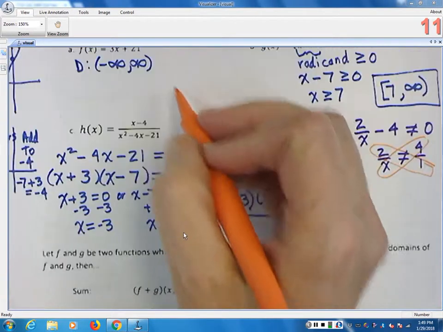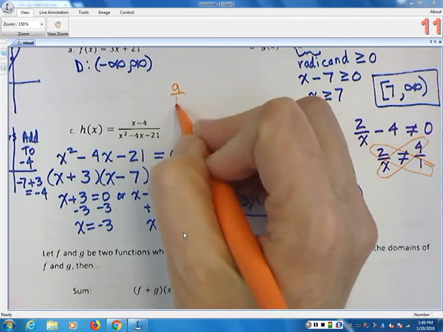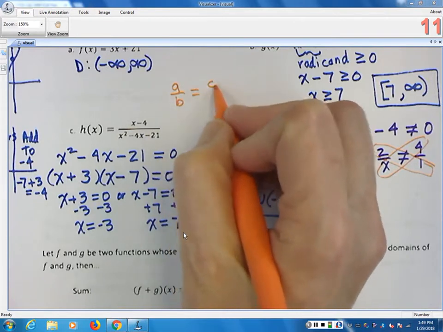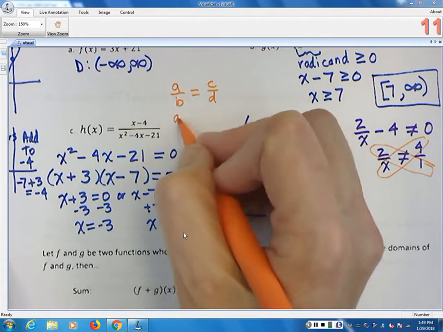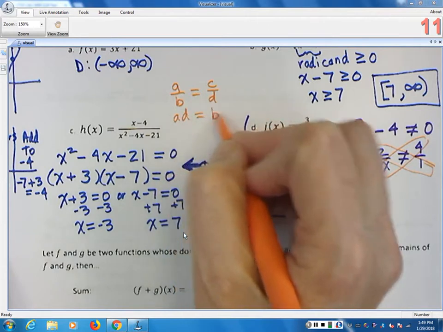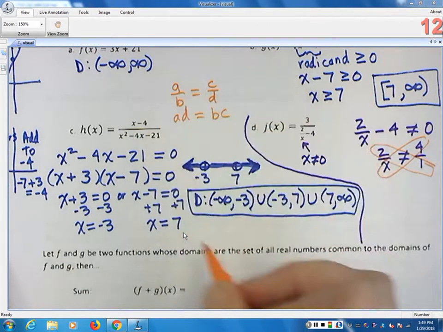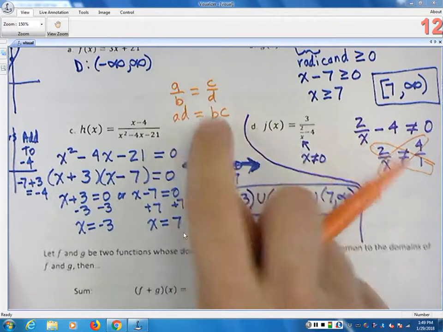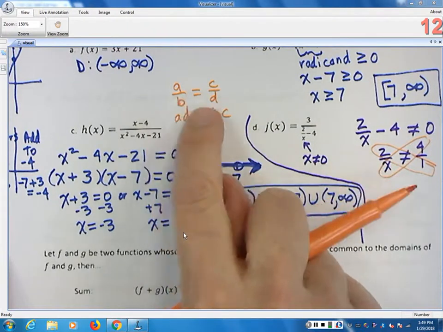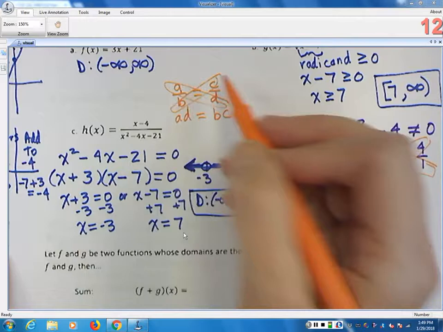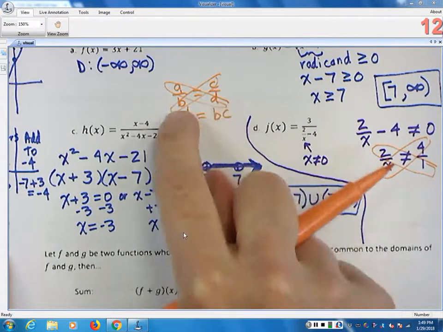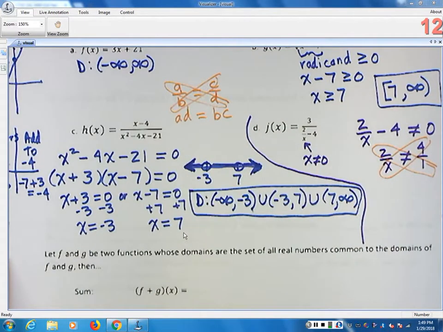Let me write that up here. A over B equals C over D is A times D equals B times C. This is cross multiplying, and it's only when you have a single fraction equals a single fraction. Then you can do this times this equals this times that. That's the only time you can cross multiply.